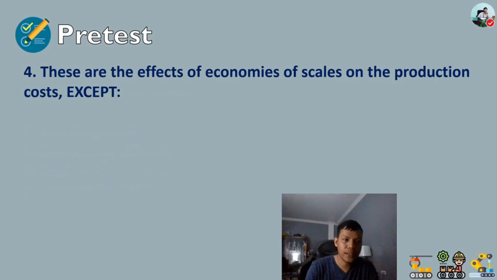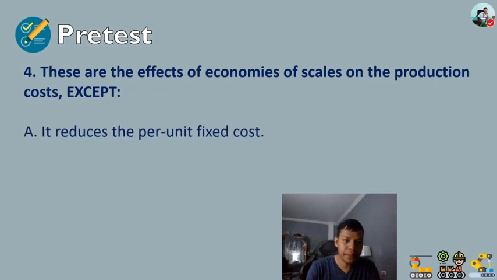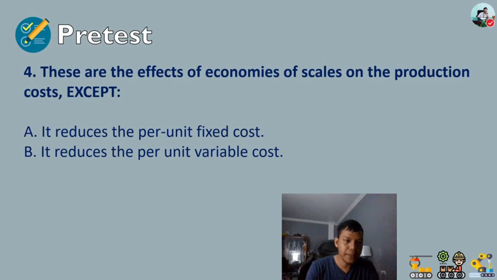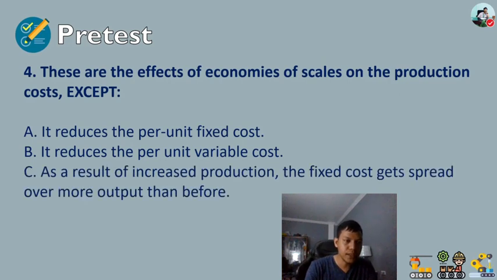Question number 4. These are the effects of economies of scale on the production cost. So what will happen to the production cost if there's economies of scale? A. It reduces the per unit fixed cost. B. It reduces the per unit variable cost. Letter C. As a result of increased production, the fixed cost gets spread over more output than before.